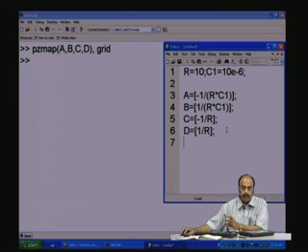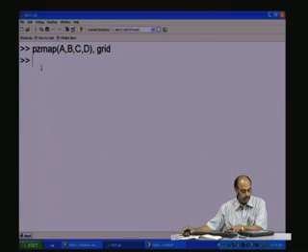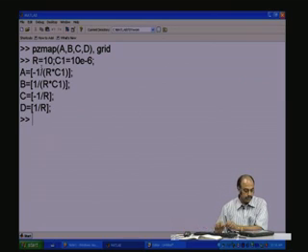This is the modified thing that you want to, nothing changes in the A and B matrix. What you want to see is only change going to affect the C and the D matrices. So, this is the model and you want to see the step A, B, C, D with the grid.